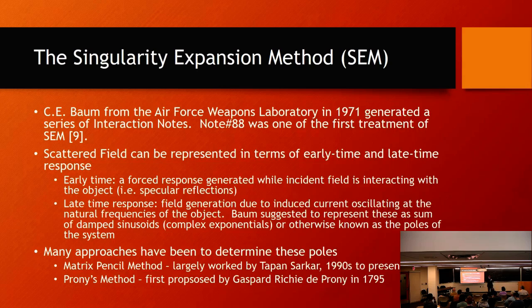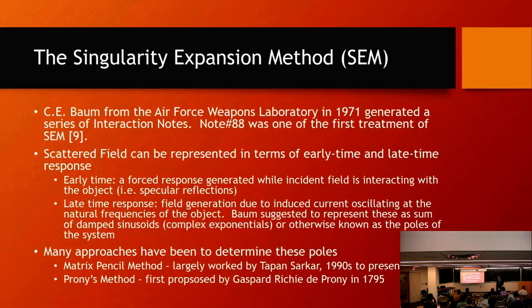When you broadcast an electric field, and that electric field hits a target, you get the immediate specular reflection coming from the target. But at some time later, when that electric field interacts with the target, it generates currents, all kinds of stuff, and that creates what he calls a late time response. And that late time response has key information about the target.